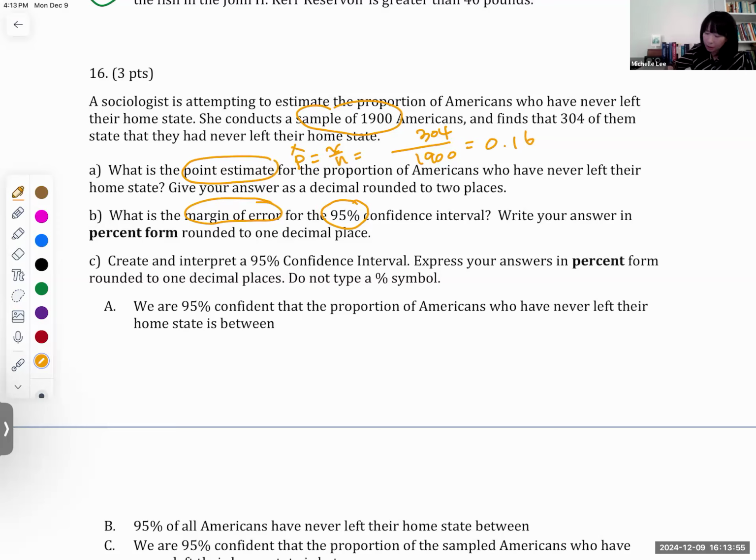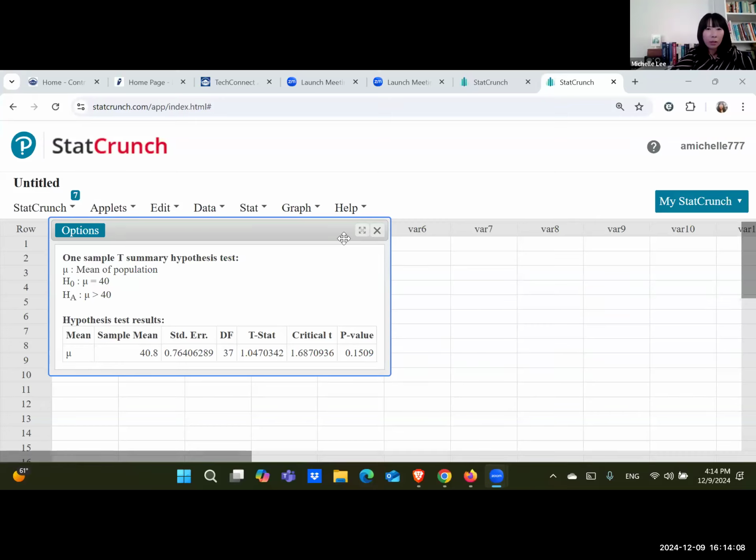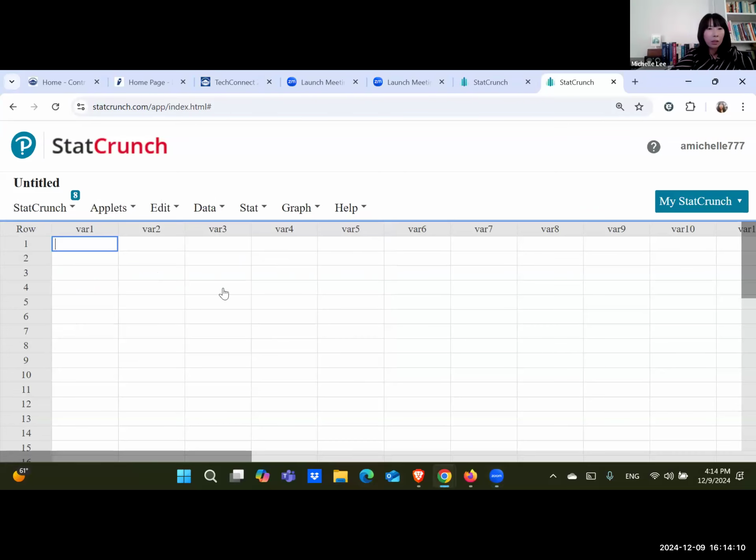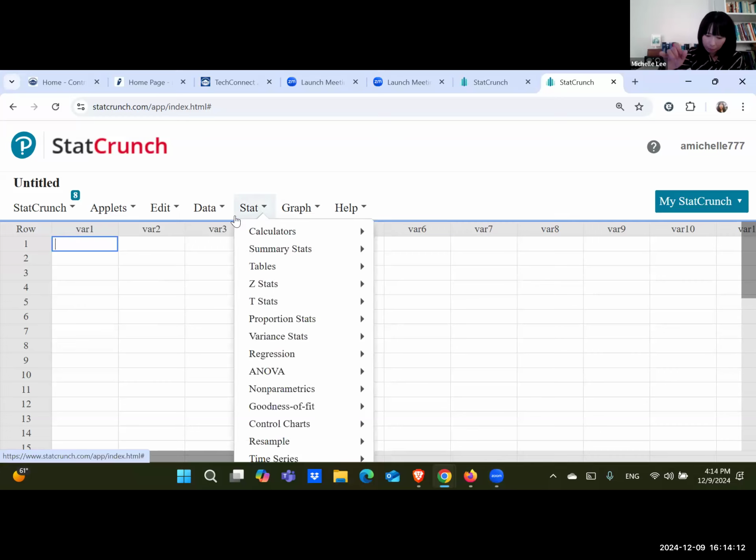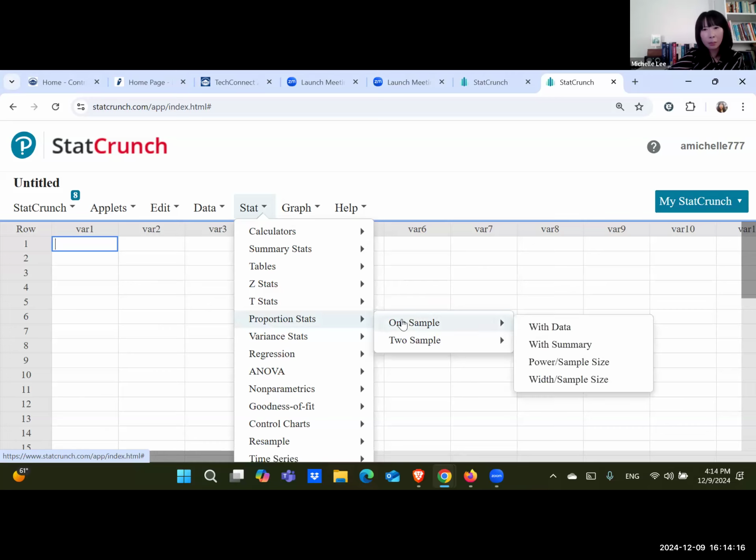Okay, so go to StatCrunch. Stat, Proportion Stats, one sample with a summary, right?